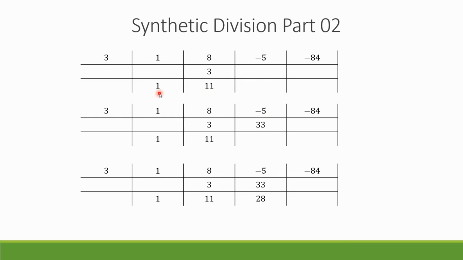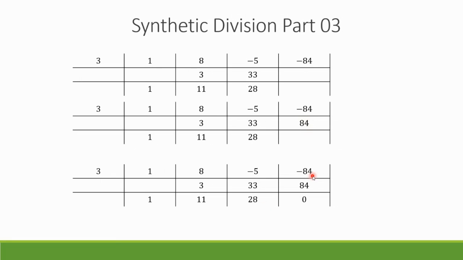Negative 5 plus 33 is 28. Then 3 times 28 is 84. And negative 84 plus 84 is 0.